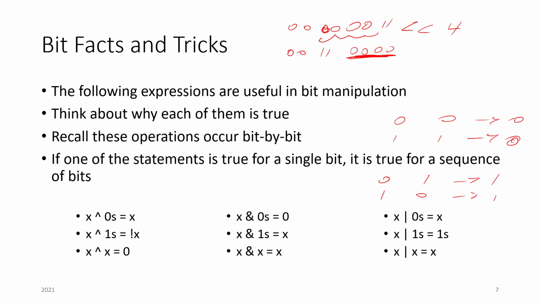The pipe operator is the OR gate. So an OR gate is basically once you have a 1 on the input, you will always get a 1 on the output.